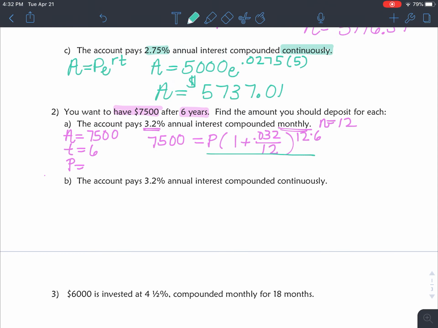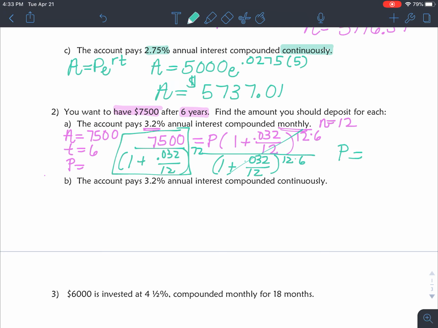So you can always store it in your calculator: divide what you do to one side by the other, 1 plus 0.032 over 12, raised to 12 times 6, which is 72. That's gone. So P in the end will be whatever this turns out to be, which I got $6,191.38.